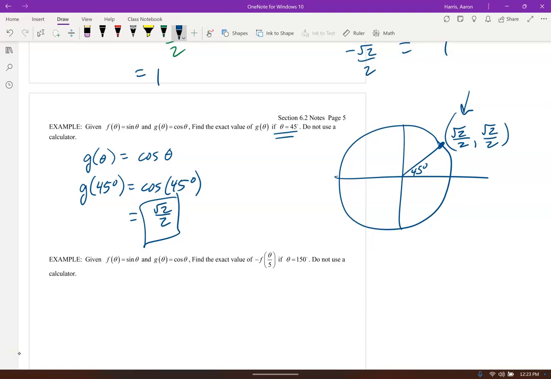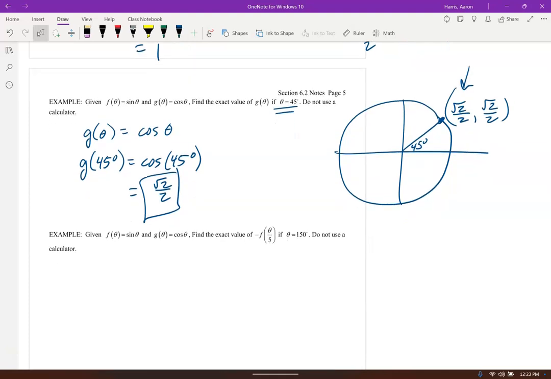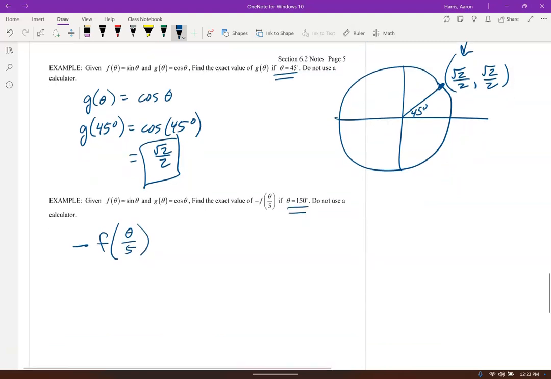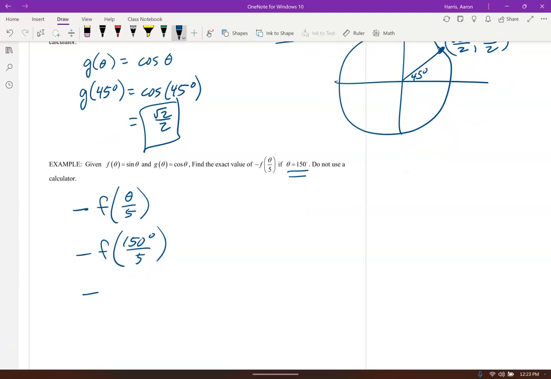All right, let's do this next one here. f of theta is sine of theta, g of theta is cosine. Find the exact value of negative f of theta over 5, and notice theta is 150 degrees. So let's throw in the 150 degrees. 150 divided by 5, I got 30 degrees. Negative f of 30. Now remember, f of theta is sine theta. So this is negative sine of 30 degrees, right?